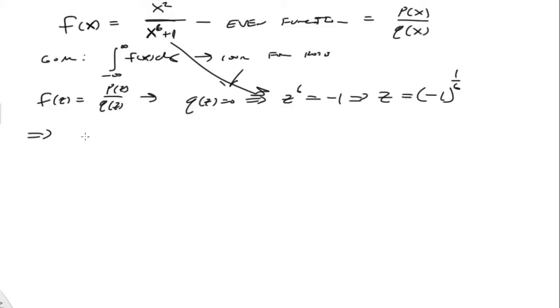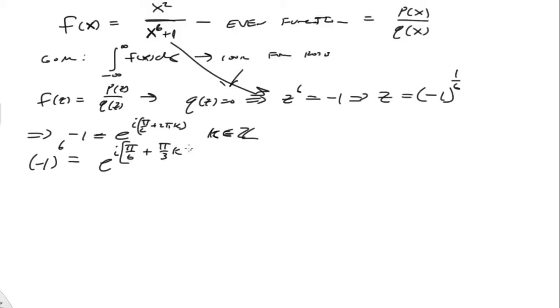So -1 I can write as e to the i pi over 2 plus 2 pi k, where k can be any integer, and then of course the 6th root, there are going to be 6 of them, and it's going to be e to the i pi over 6 plus pi over 3 times k. Okay, so let's look at where those roots are.